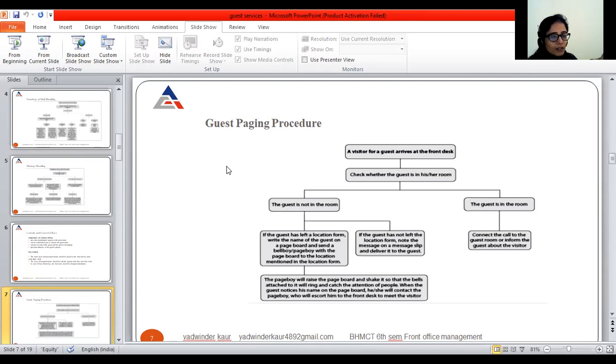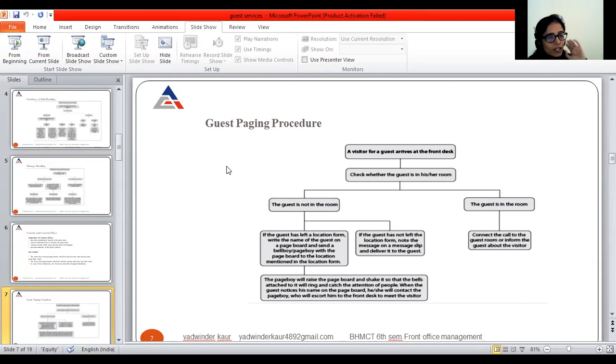So if there is any message or anyone comes to meet them, we can send the page boy with the page board to that particular location.